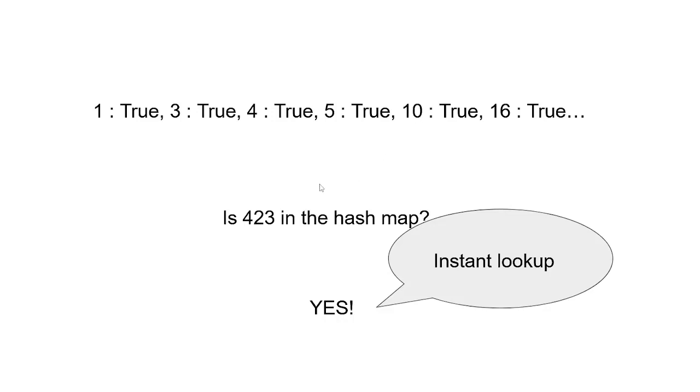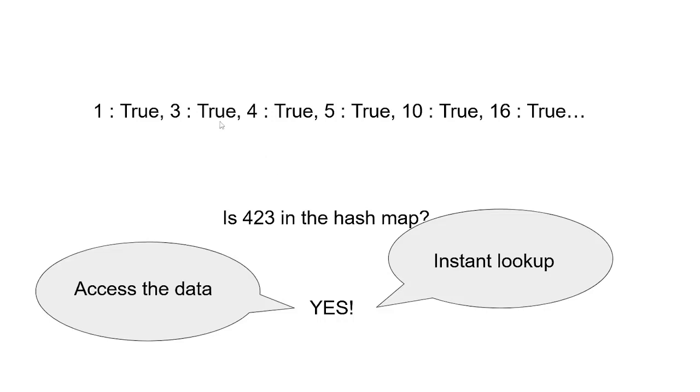And additionally, dictionaries like this or hash maps allow you to store data. So it's not just for knowing if a number is in that list or that dictionary. It's also for storing stuff. Like I just stored true here just to be simple, but you can store kind of anything you want.